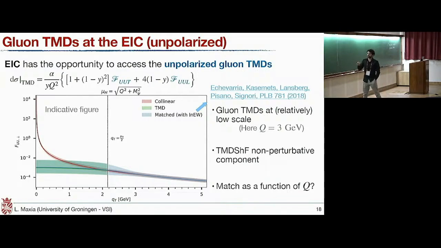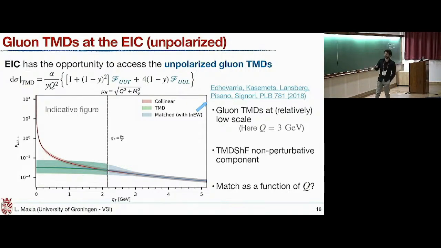But the point is that, if you have data from EIC, very precise data, you can have points here that go down to the TMD region, and here you can finally extract the gluon TMDs, but not only, because up to now in this talk, I only talked about the perturbative tail.